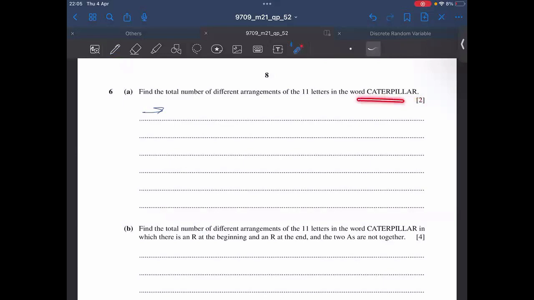You just need to arrange all these 11 letters. Total arrangements. How many total arrangements will be there? Sir, 11 factorial upon 2 factorial multiplied by 2 factorial.